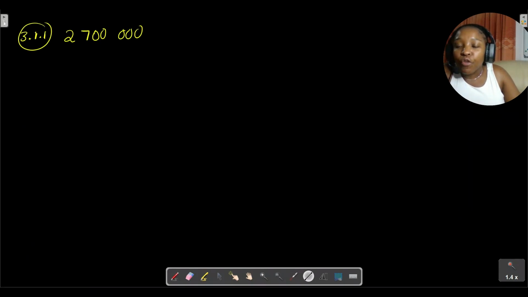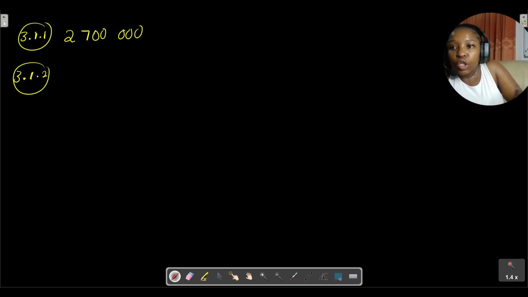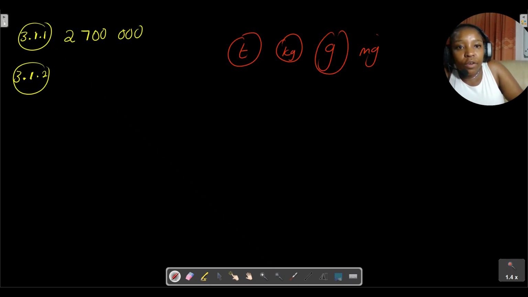So how do we convert mass? When you have to do mass conversions, what diagram are you supposed to make use of? For mass conversions, it's tons, kilograms, grams, milligrams.